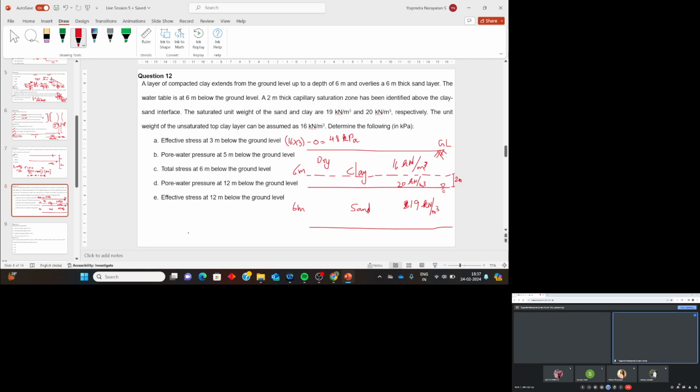Pore water pressure is negative 10. Okay, you have taken gamma W as 10, right? Yes, sir. Okay, everyone can take gamma W as 10 and solve this.